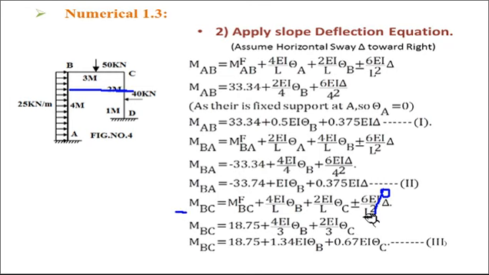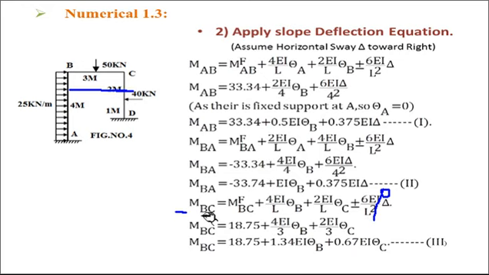Delta is there in case of a sway frame and delta will be there in your column equation. It will not be there in a beam, whether it is a sway frame or a non-sway frame. Delta is 0 because we assume that beams are not going to deflect in the horizontal direction, and even though they deflect, we neglect their deflection. Okay, so delta will be 0.